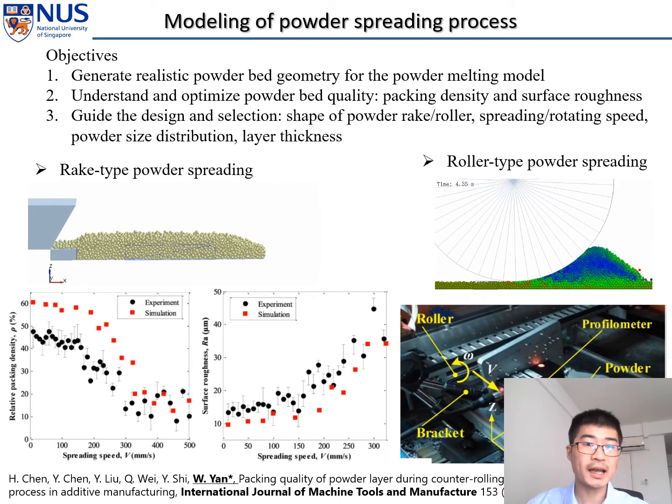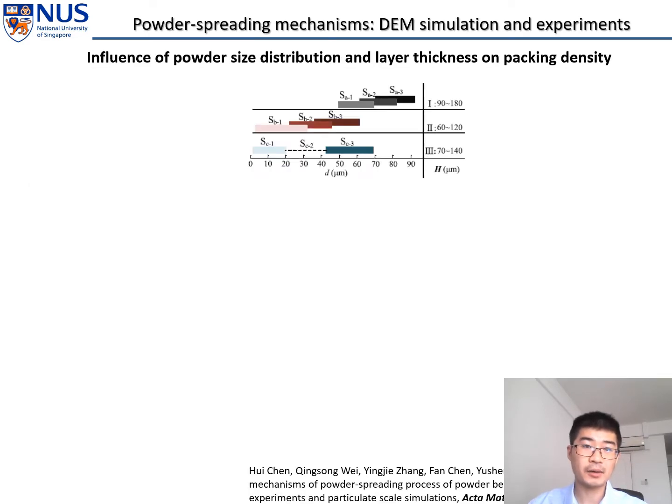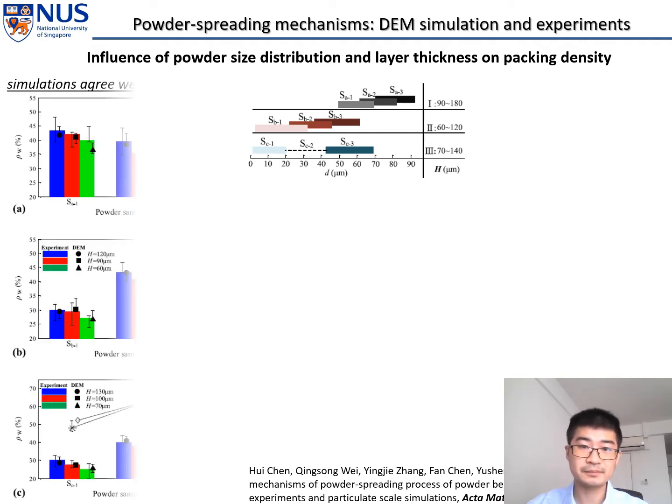And for rig type powder spreading, we investigate the influence of powder size distribution and layer thickness on the packing density. So we design experiments with different sets of powder size distributions and layer thicknesses.